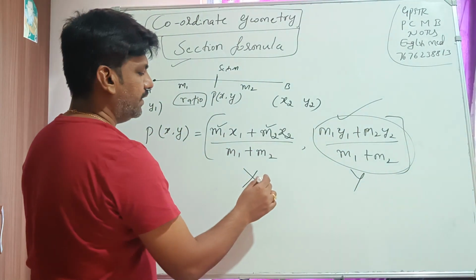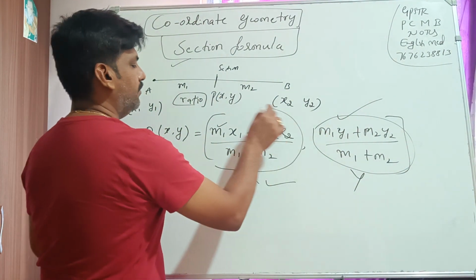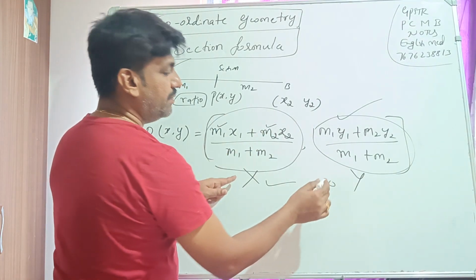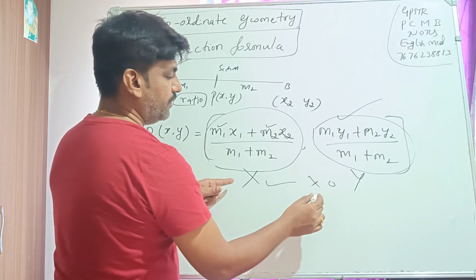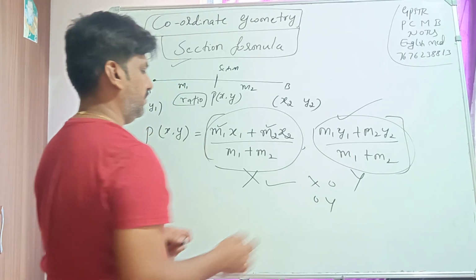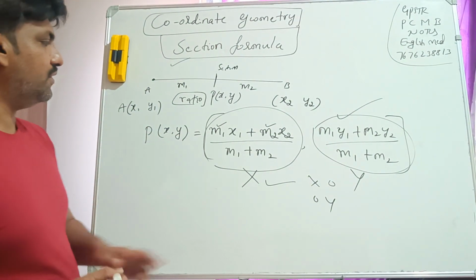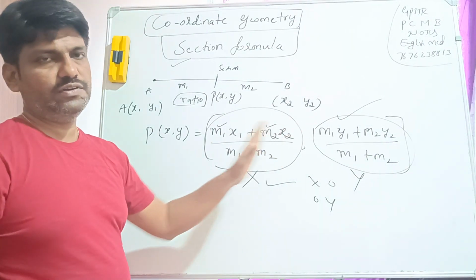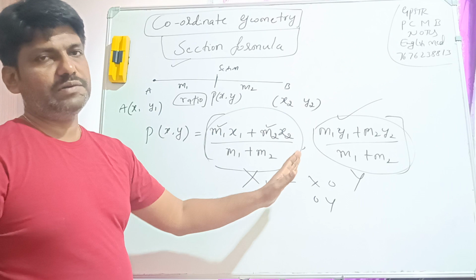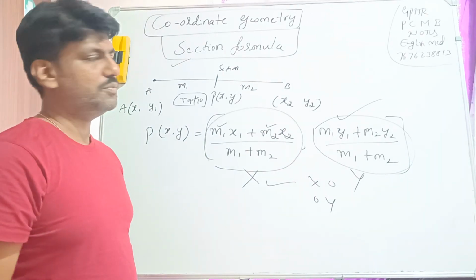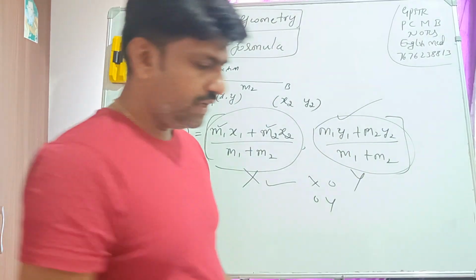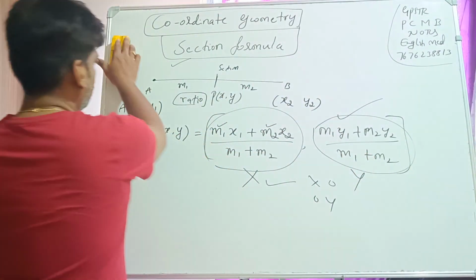When we are solving x, this may be 0, and when we are solving y, this may be 0, right? The only thing is we should remember this formula: m1 x1 plus m2 x2 divided by m1 plus m2, m1 y1 plus m2 y2 divided by m1 plus m2, right? So remember, this m1 and m2 are not slopes, these are the ratios, right?